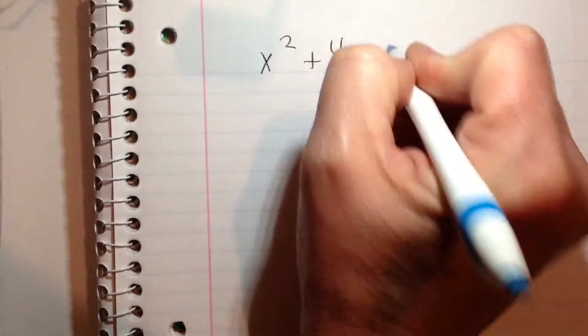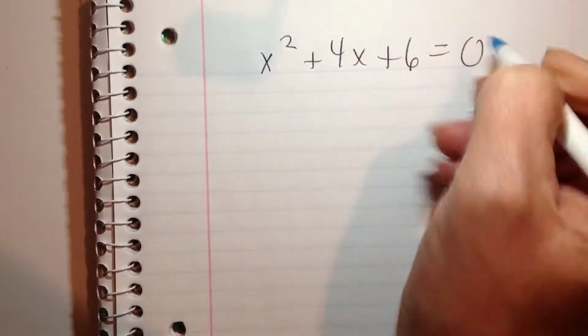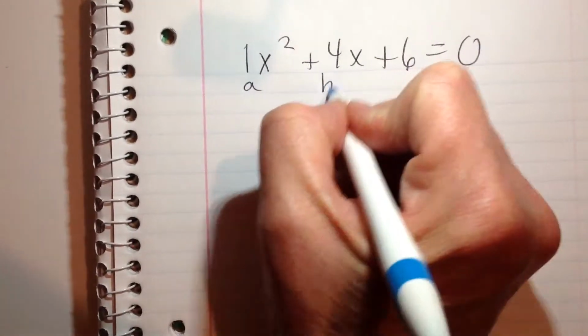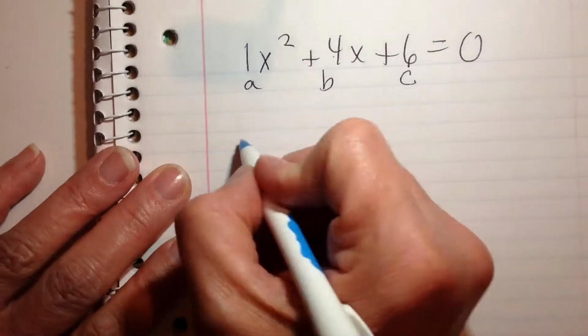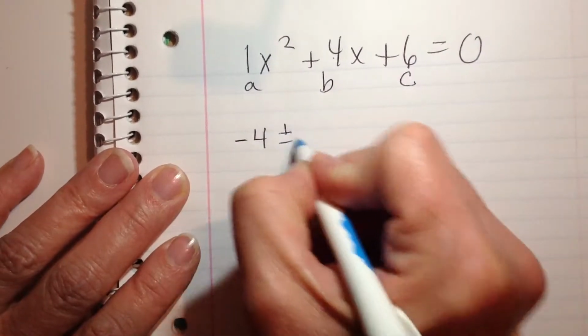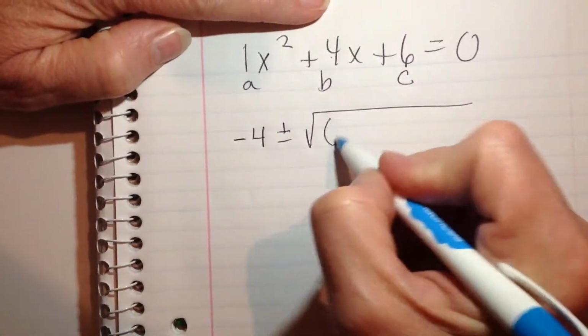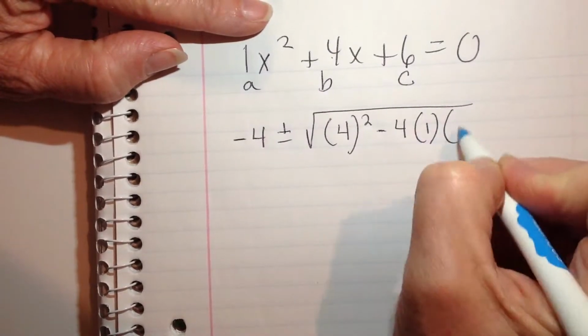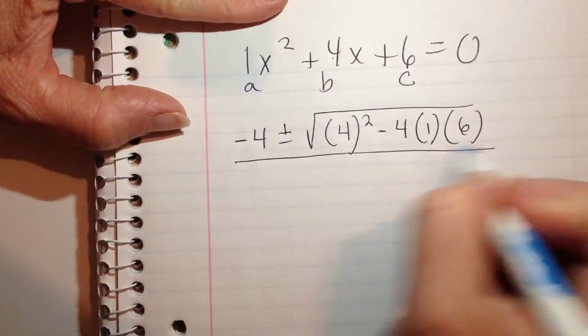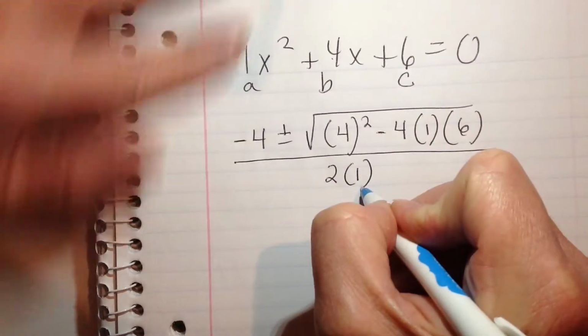So using the quadratic formula on x squared plus 4x plus 6 equals 0, a is 1, b is 4, c is 6. Using the quadratic formula, negative b plus or minus the square root of b squared minus 4 times a times c, all over 2 times a.